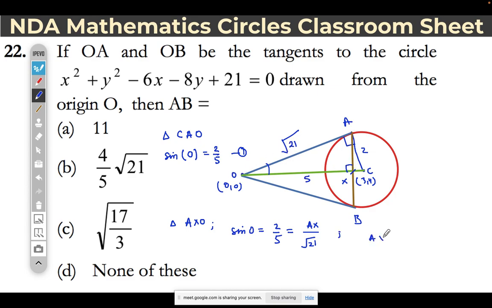So AX is 2 root 21 by 5. AB is double of AX. Yes or no? Yes, sir.